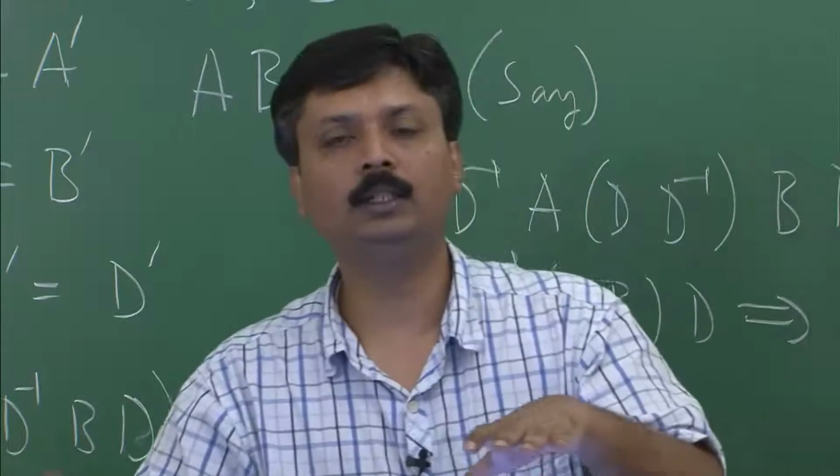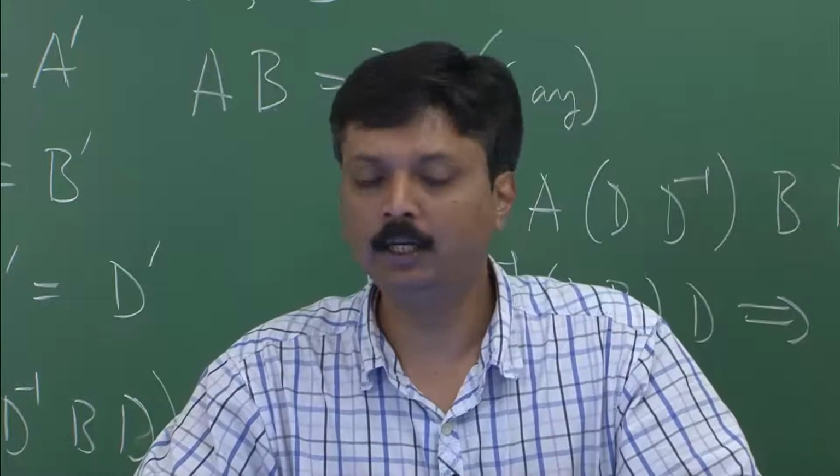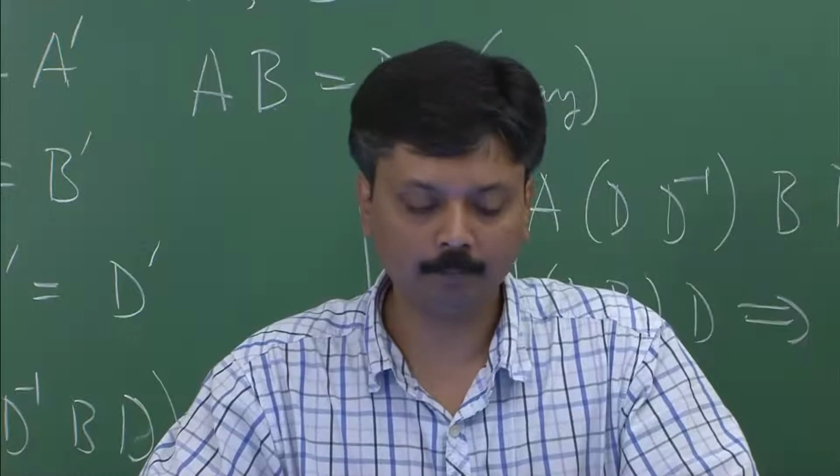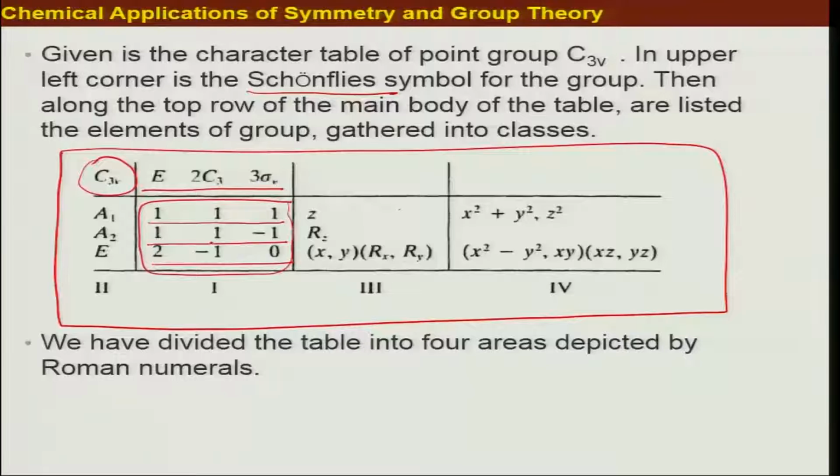You can consult any standard textbook of group theory or symmetry and you will find these character tables there, or even in many books of quantum mechanics. We will talk about these different irreducible representations in greater detail when we come to the great orthogonality theorem. That's about area 1.